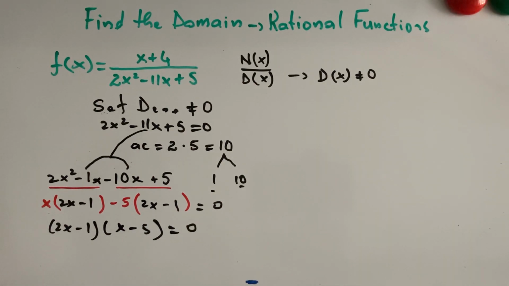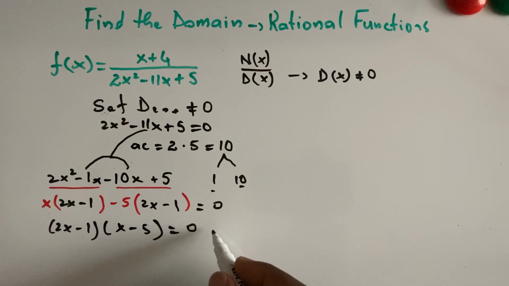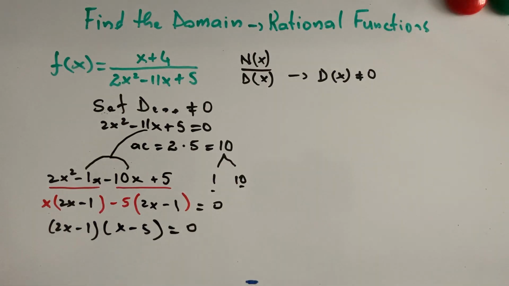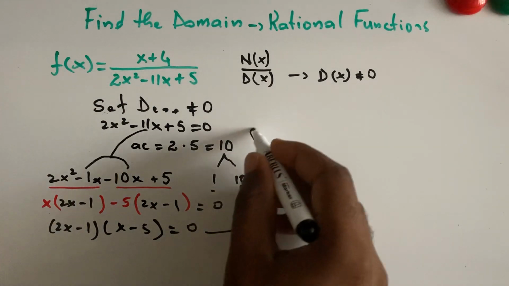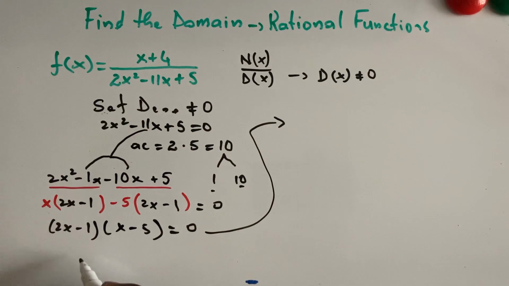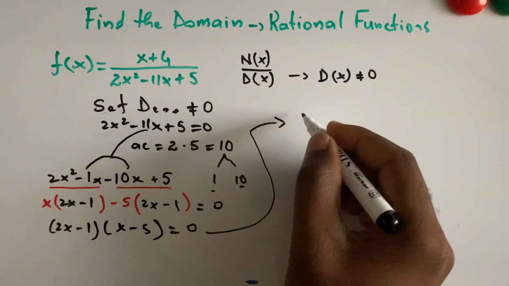Now from here, all we gotta do is, because it's a quadratic equation, if you have two factors that multiply to 0, that means one of the factors has to be 0.